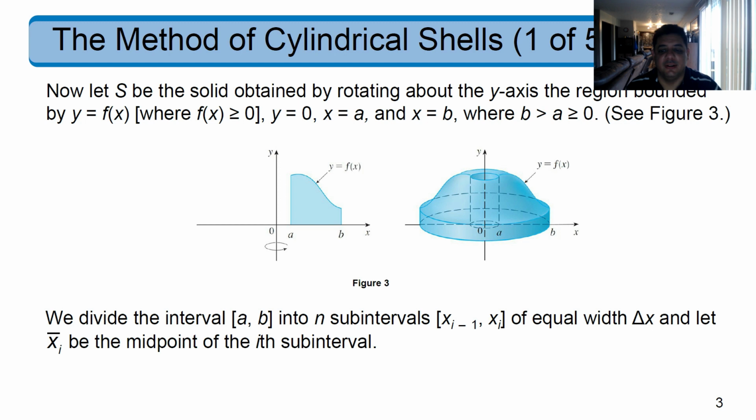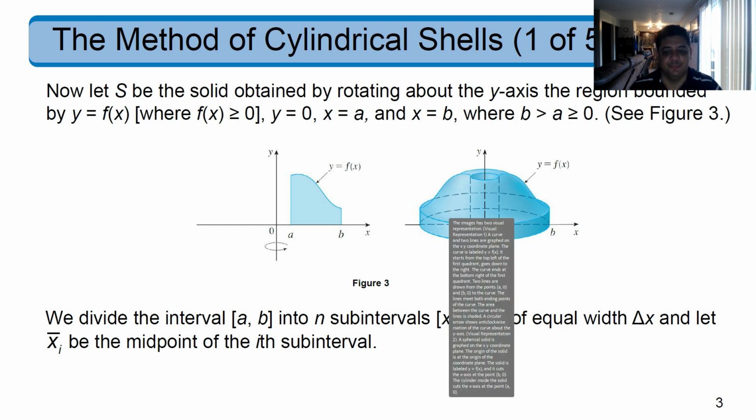Now instead, we're going to take cross sections parallel to the rotating axis. In this example, we have a curve between the points a and b, and because we're rotating around the y-axis, this produces this type of volume.